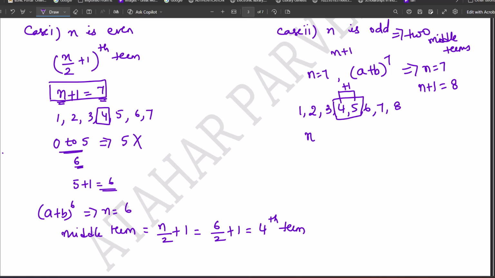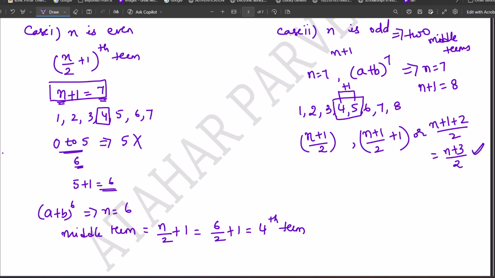See, the first middle term is (n plus 1) by 2. This is the first middle term. The second middle term will be (n plus 1) by 2 plus 1. That logic only, right? Or you can also write it like this: (n plus 1 plus 2) by 2. So this will become (n plus 3) by 2. This one will be your second middle term.